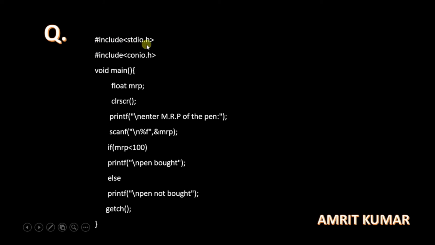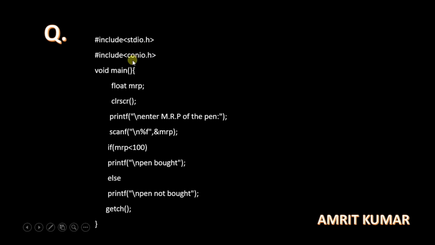Why? Because a header file must be declared above the main function, because this file helps you control the functions you are using, like printf, which is a function under the stdio.h header file.